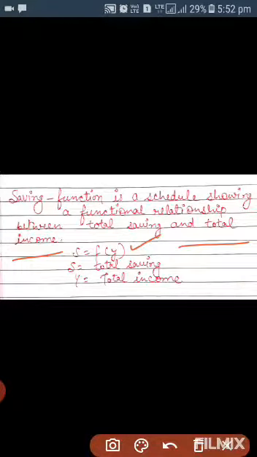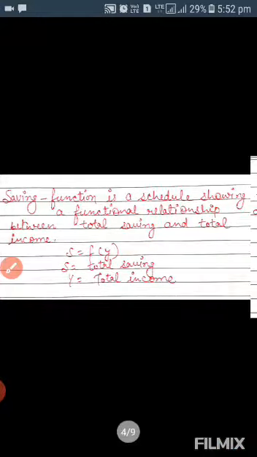S is total saving and Y is total income. Once we know the consumption function, we can easily obtain the saving function, because consumption and saving are the two components of income and both are determined from income.